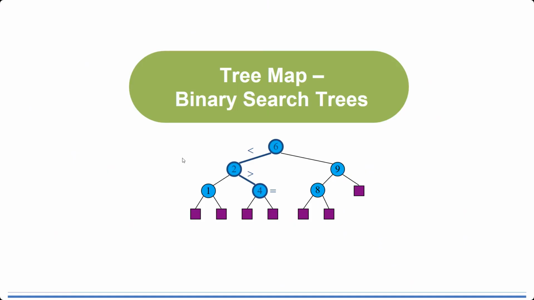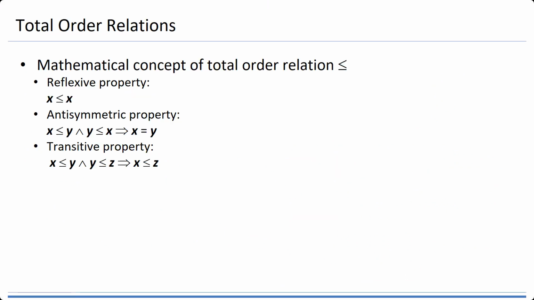So the next section will be about the tree map. In this case, I'm going to explain only about the binary search tree. The concept of the binary search tree, we follow the total order relation. The mathematical concept of the total order relation uses this symbol, less than or equal to.